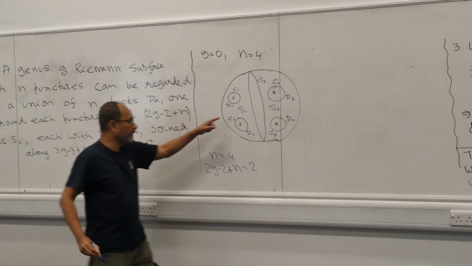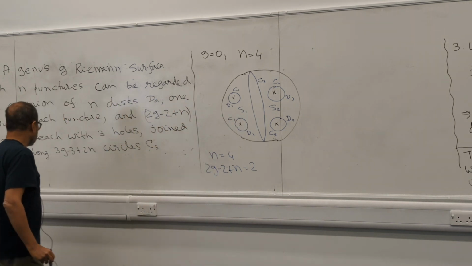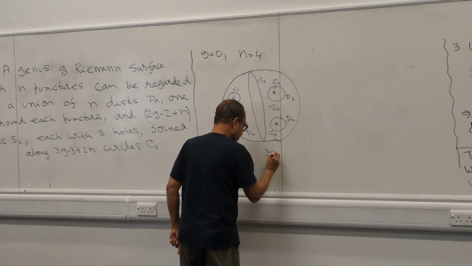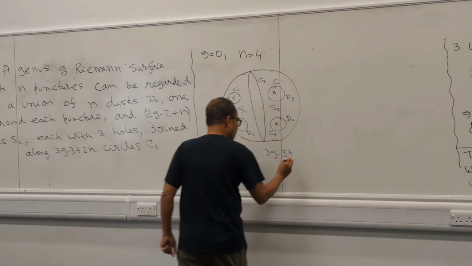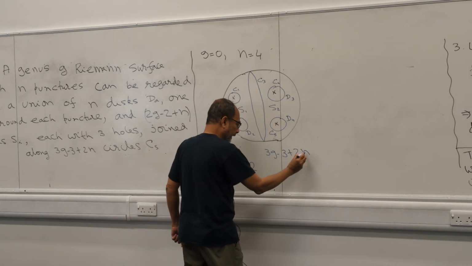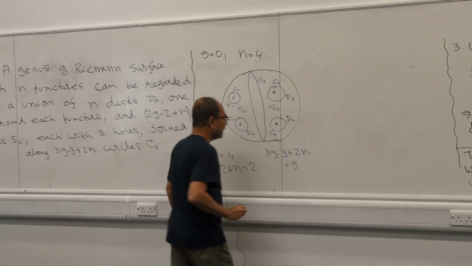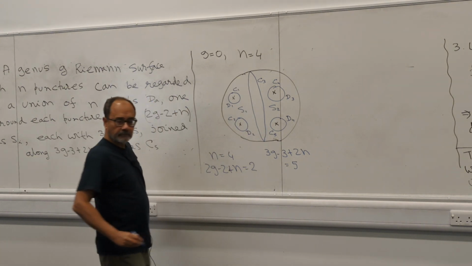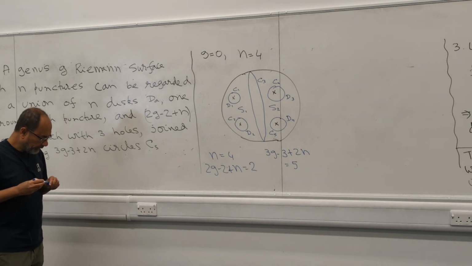And indeed we have two spheres, S1 and S2. Okay. And the number of circles is 3g minus 3 plus 2n. Okay, g is 0, n is 4. So that's 5. Right? So we indeed have 5 circles, as you can see from here. Okay, so that's one example.